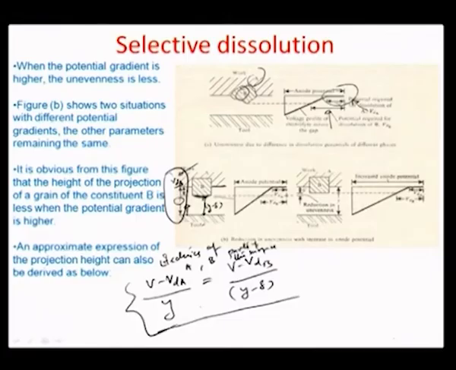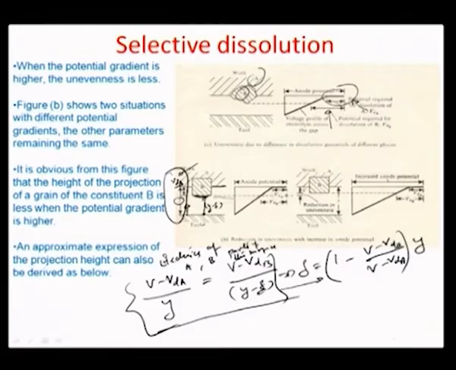And from this expression we can get a value for this delta. So the delta can be found by this expression: 1 minus (V minus VDB) by (V minus VDA), times y.